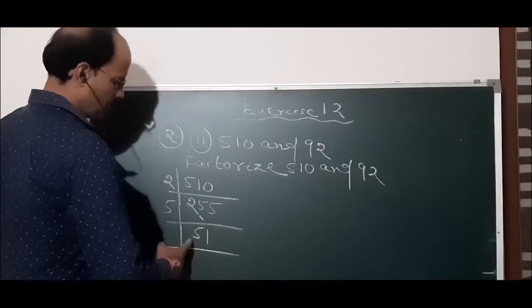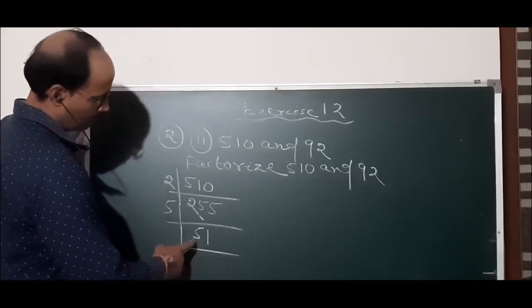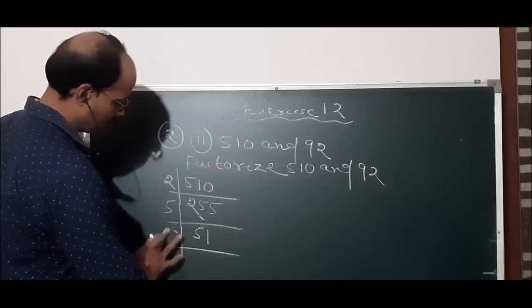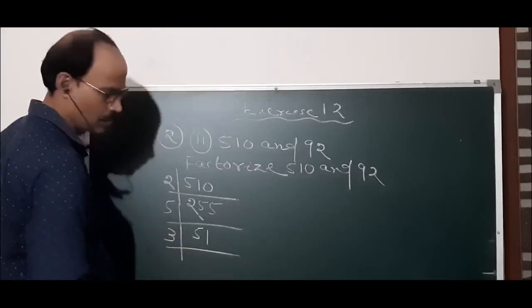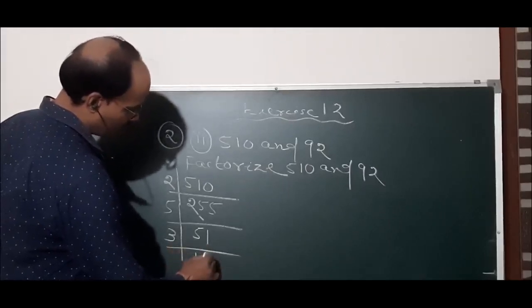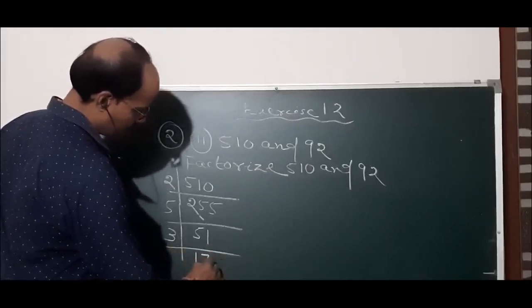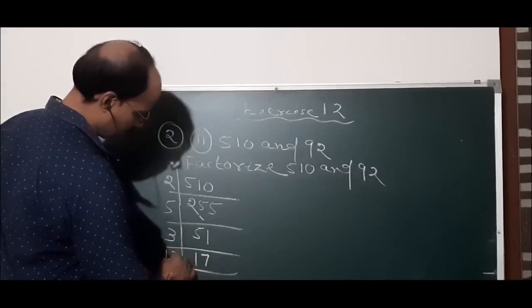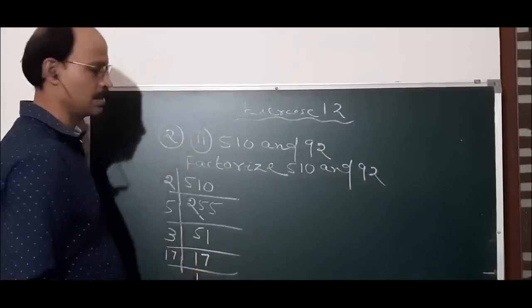So I think it will go by the prime number 3. So 3 1s are 3, 2 left, 21. So 3 7s are 21. So now 17 1s are 17.